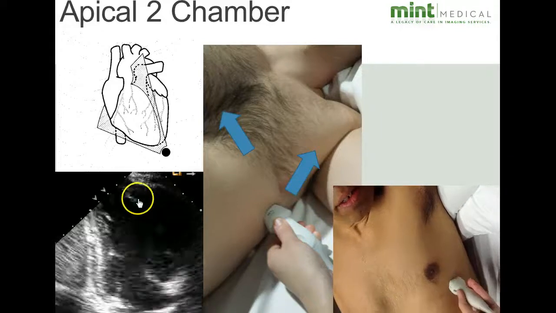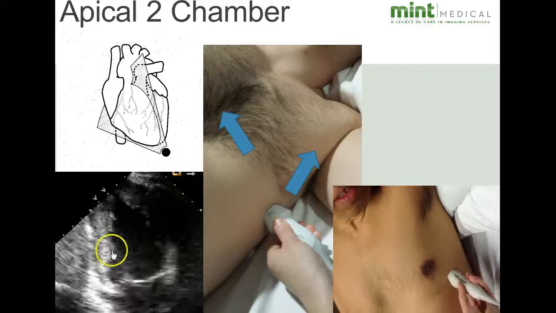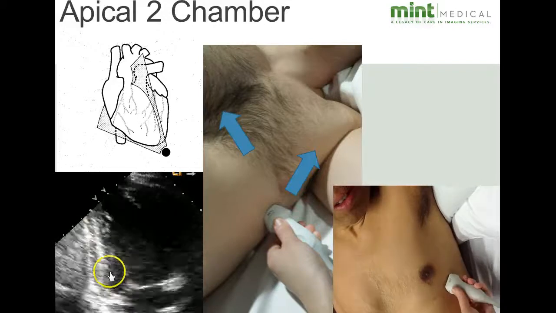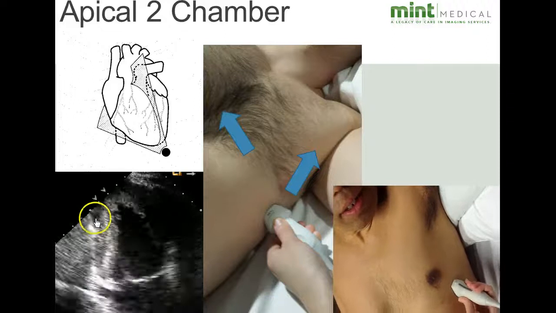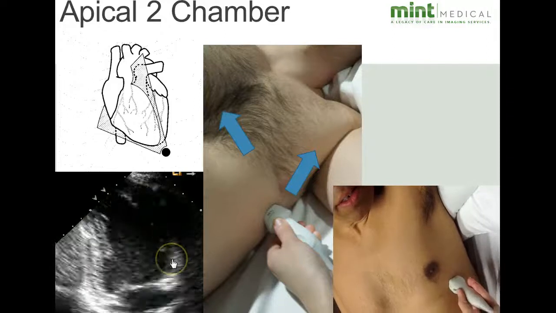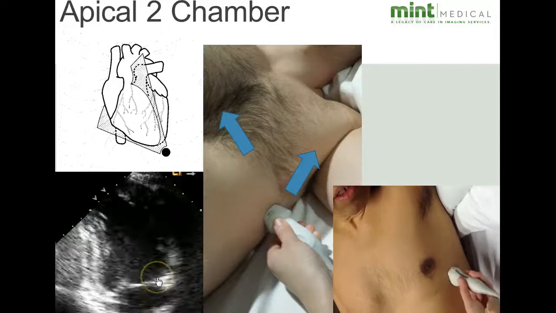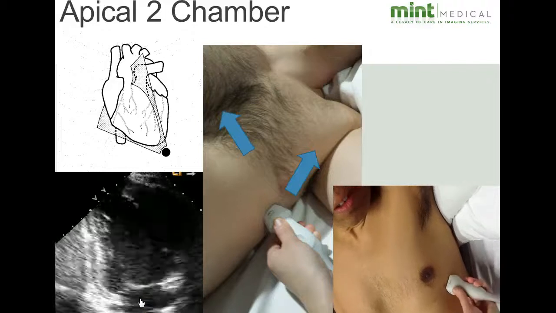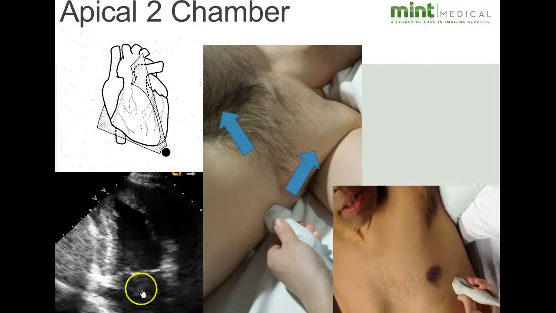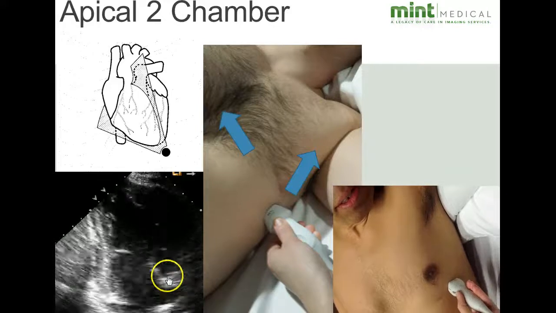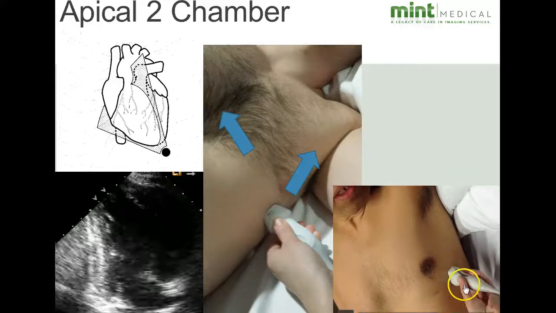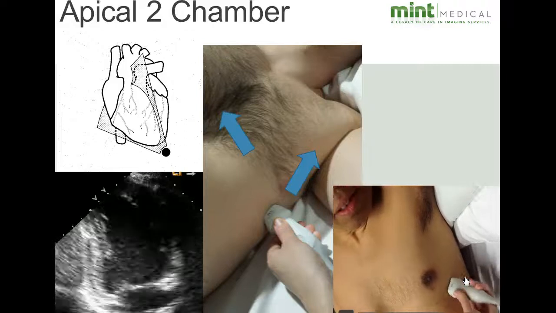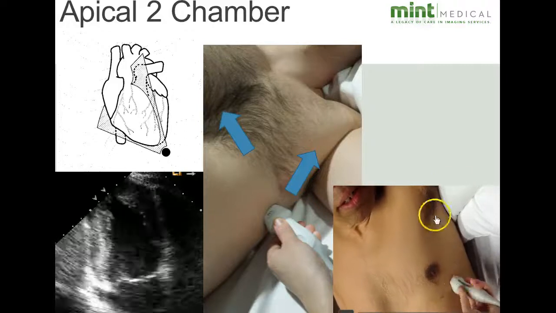Now if you look over here in the 2-chamber view, you'll see basically the left ventricle and the left atrium in your picture. And once again, this is going to be the inferior wall of the left ventricle, the anterior wall of the left ventricle, anterior mitral valve leaflet, posterior mitral valve leaflet, and the left atrium. So once again, when we image this patient, you're going to keep exactly the same axis. You're going to basically go from the 4-chamber view, half a turn, to the 2-chamber view.